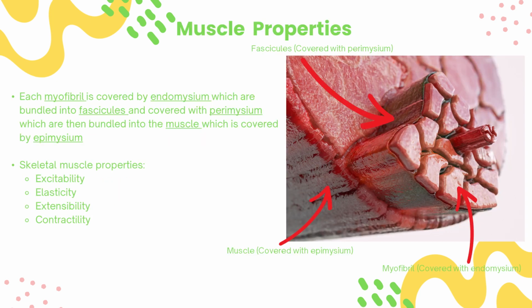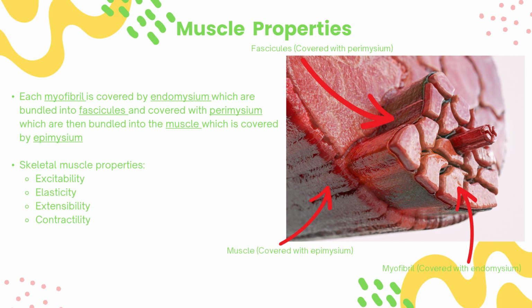As we dive into the muscle anatomy itself, each myofibril, so that muscle cell, is wrapped in endomysium. The endomysium essentially divides each cell itself, each myofibril. All of those tiny myofibrils are then bundled into a fascicle, and the fascicle is wrapped with perimysium.